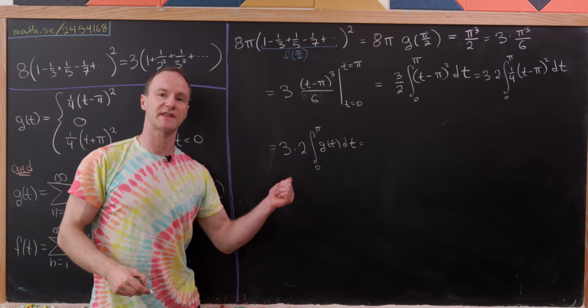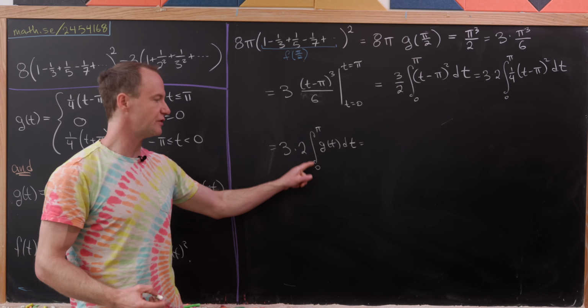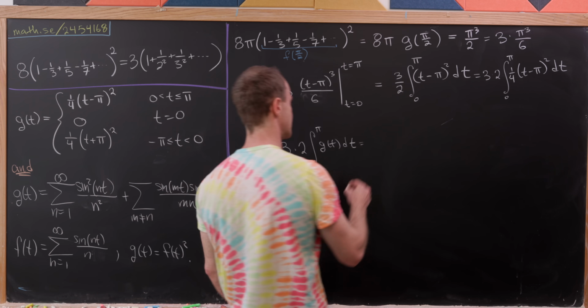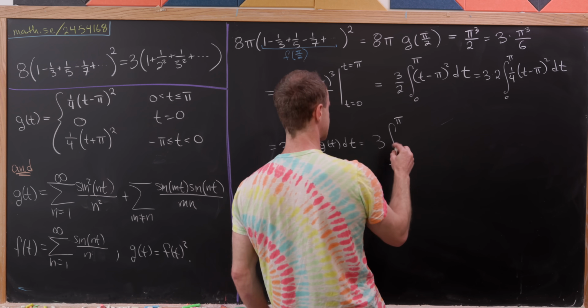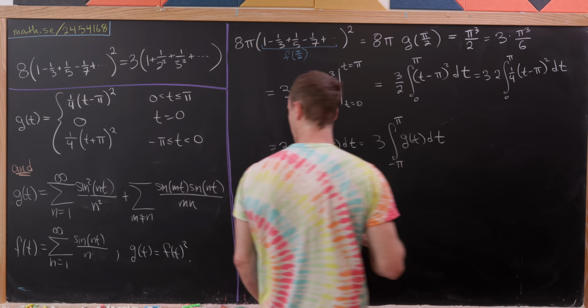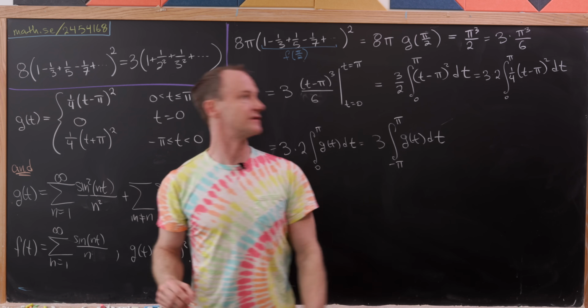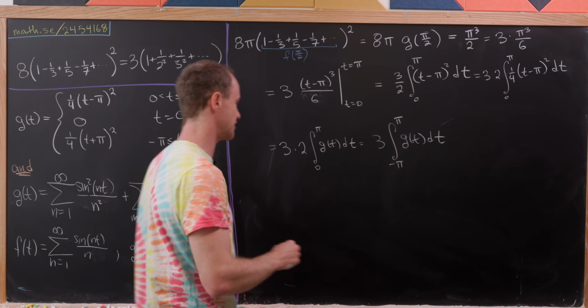Now we're going to use the fact that g is even, which we did before, to exchange this 2 for a larger bounds of integration. So that's going to be 3, and then the integral from minus pi to pi of our g of t dt. Now we're going to exchange this version of g that we've been using, the piecewise version of g, for the series version of g.